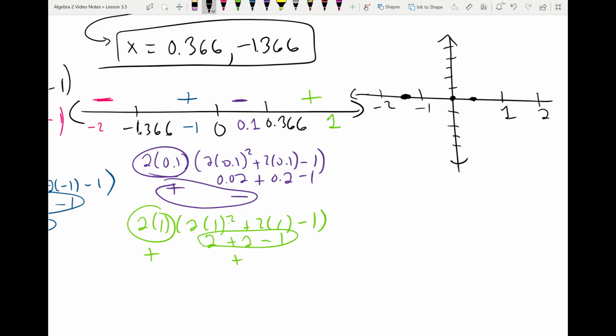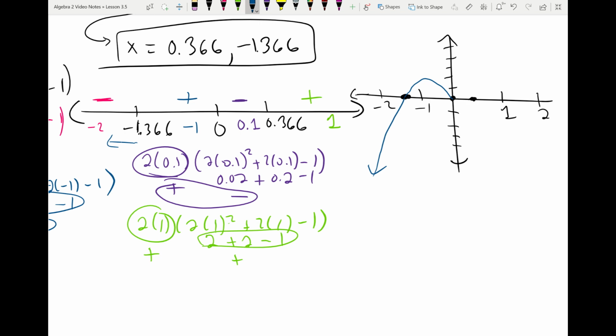So if we were to draw the function, we know that to the left of negative 1.366 it's below the x-axis. Between negative 1.366 and 0, it's above, so maybe like this.